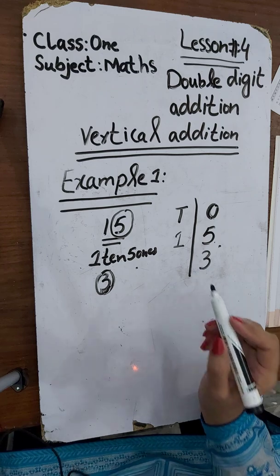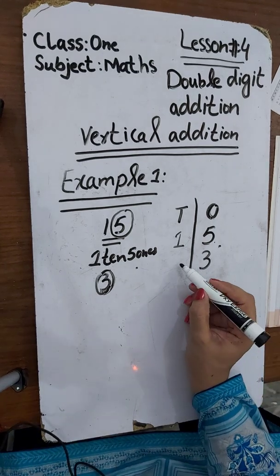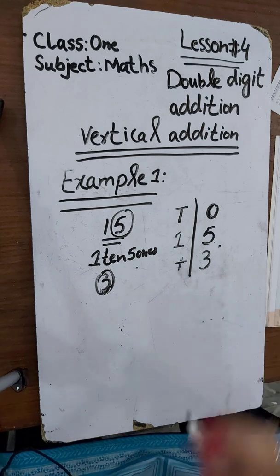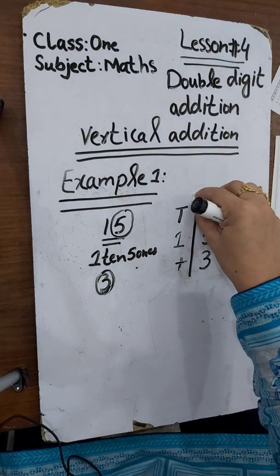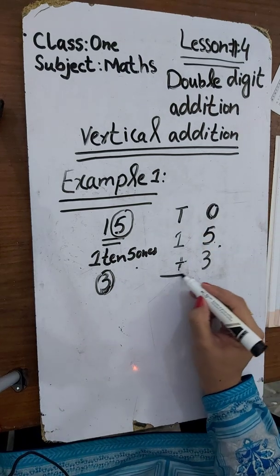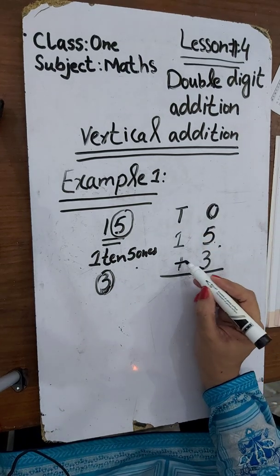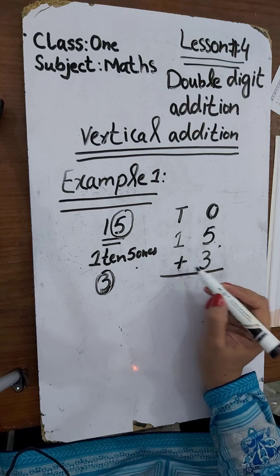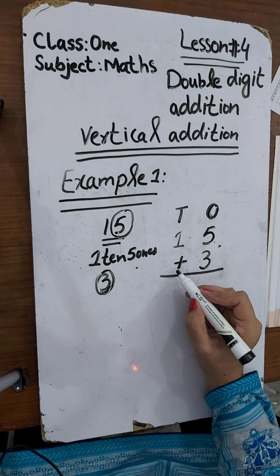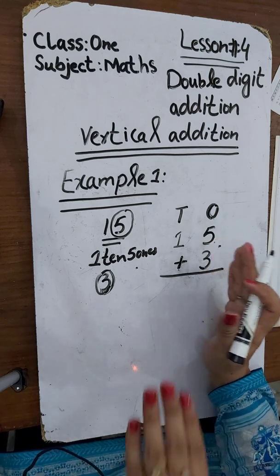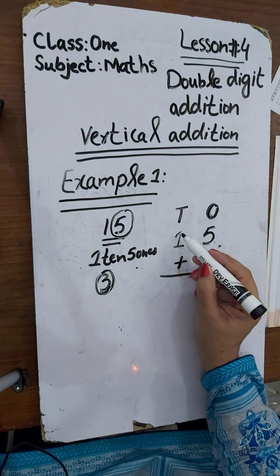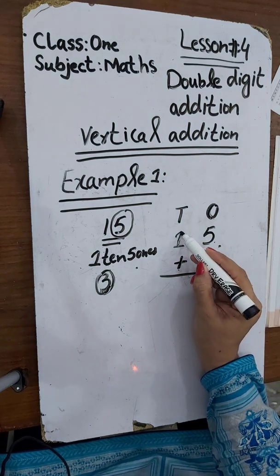Now to add, you will write a plus sign. Where will you write it? You will write the plus sign on the left side of the second number. This is the right side and this one is the left side.